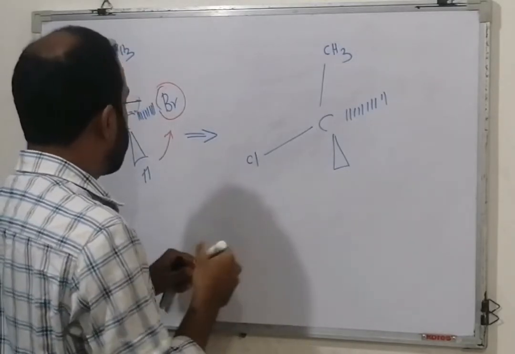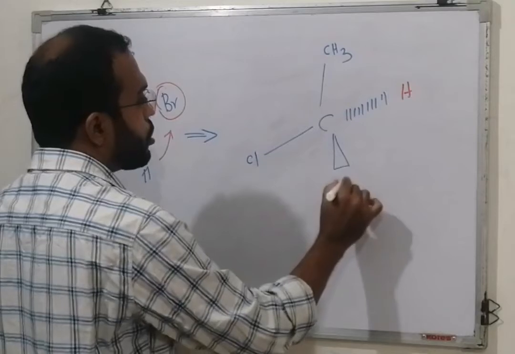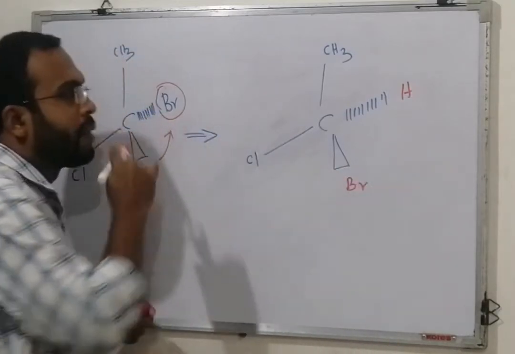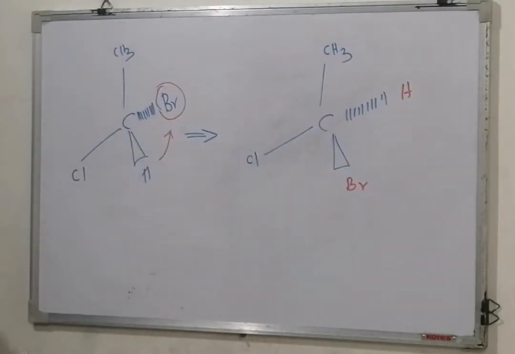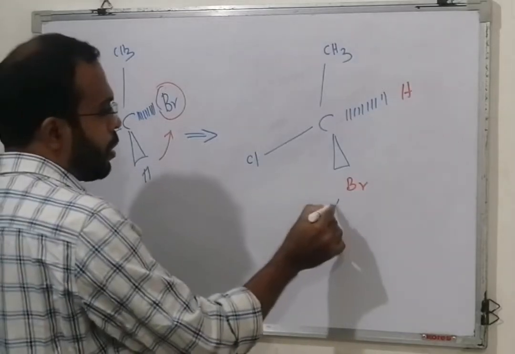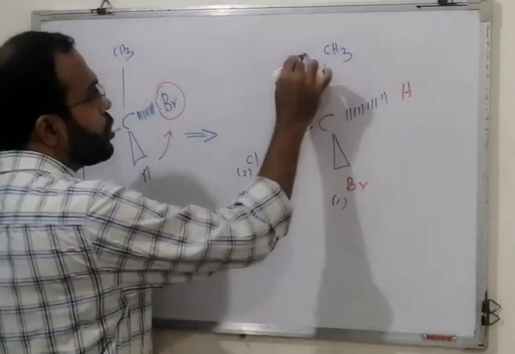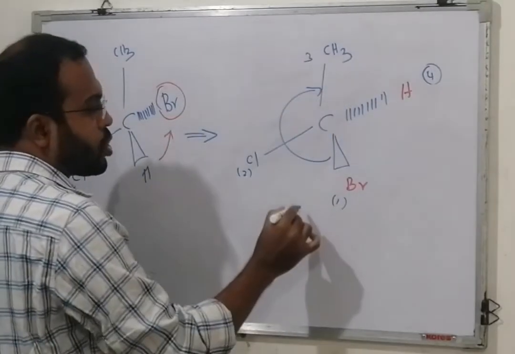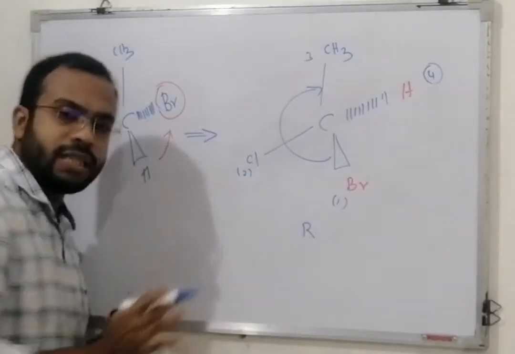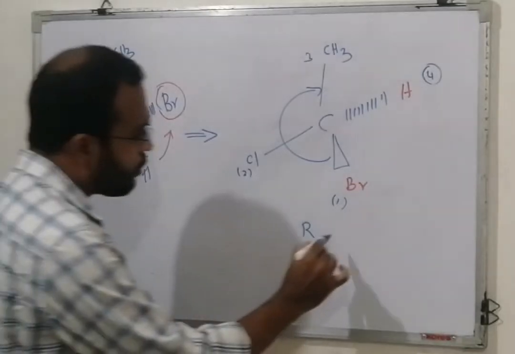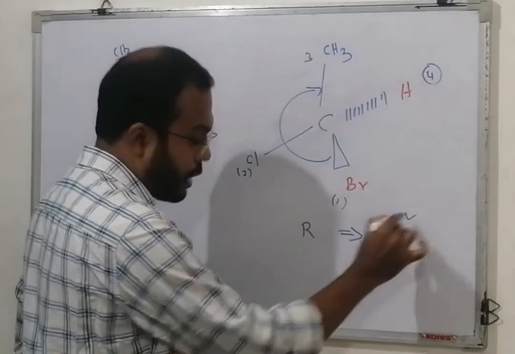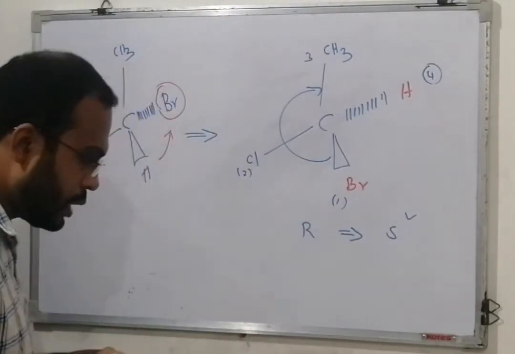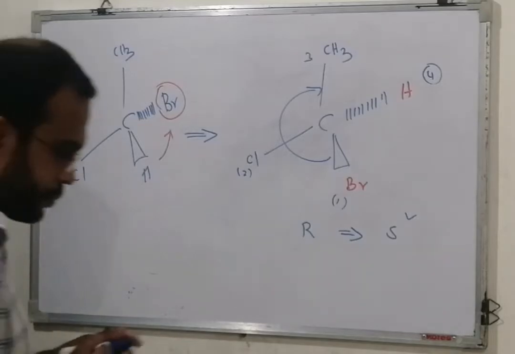Please exchange hydrogen here and bromine here. Now please number, no problem, 1, 2, 3, fourth on the dashed line. You got R, but this is obtained after the exchange. Therefore, the actual one is S.